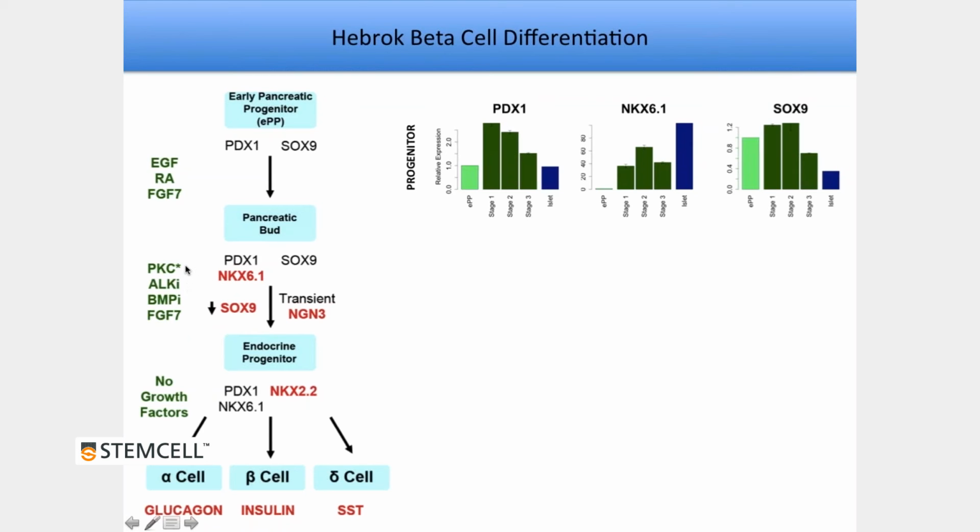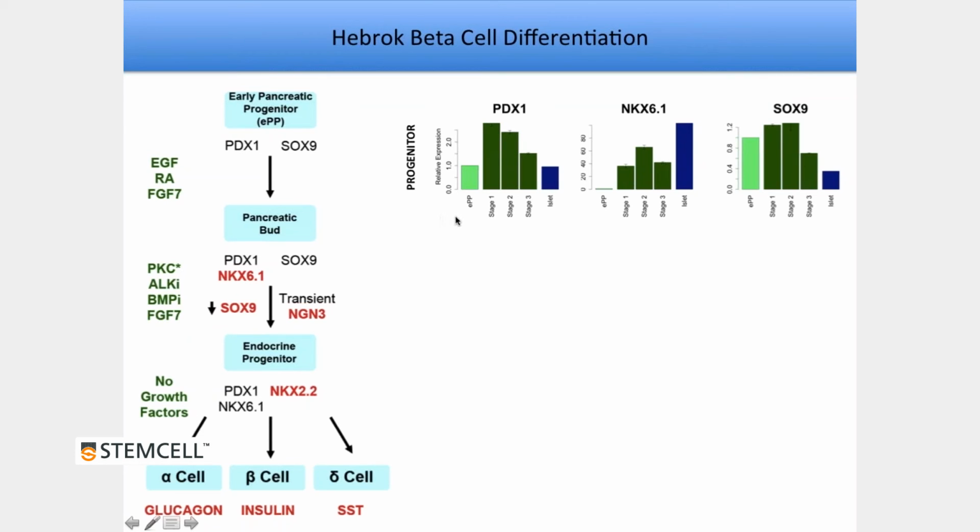So in stage 2, I use a combination of PKC activation, ALK inhibition, BMP inhibition, and FGF7 to drive cells towards the endocrine lineage, which is marked by downregulation of SOX9, transient expression of neurogenin 3, and then ultimately activation of NKX2.2. Then in the third stage, we don't expose the cells to any growth factors and just let them develop on their own, and this is supposed to give rise to mature functional beta cells.